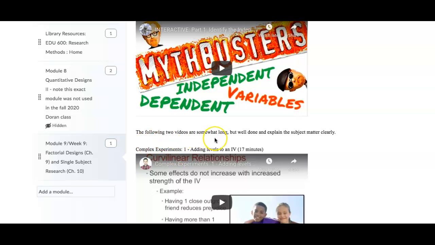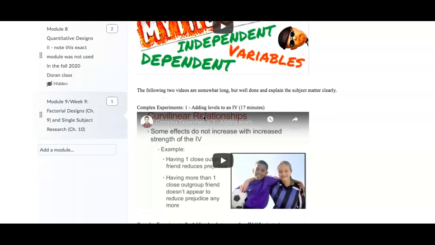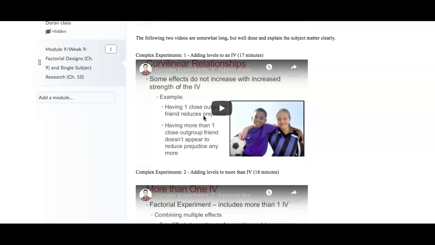Then I have 2 videos that are on really chapter 10, meaning complex experiments. So beyond just the single subject, or beyond what we've already discussed in chapter 8 and 9, we're going to get into a little more complex experiments.